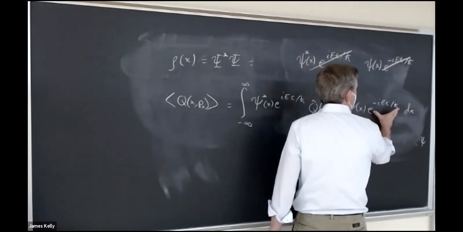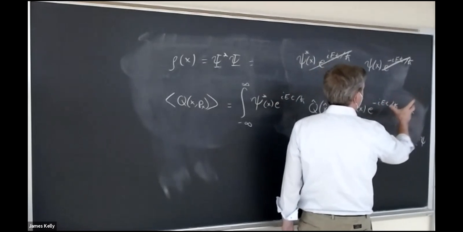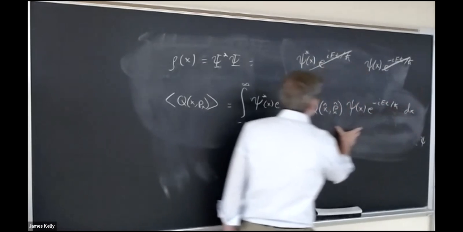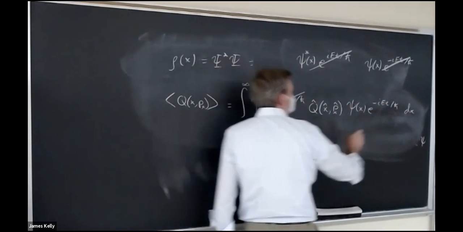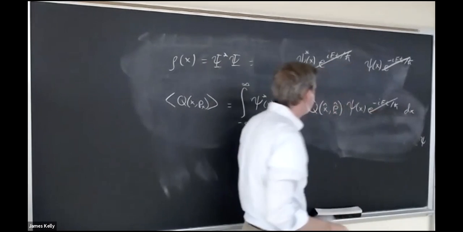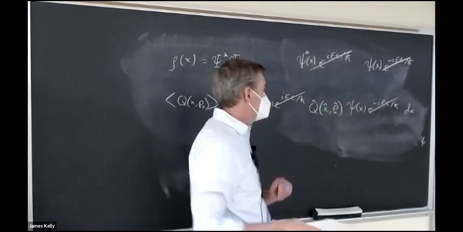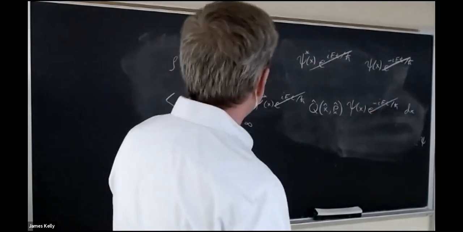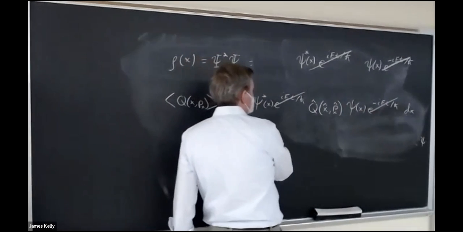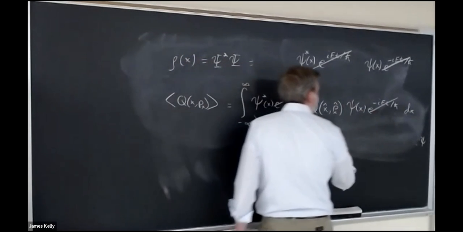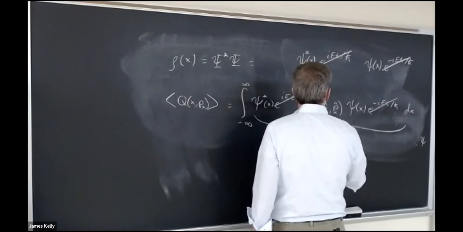It doesn't have any x dependence, so it may as well be the number 3 or something like that. So I can pull it over here, and it can cancel this one out again. Those two can still cancel because the operator only really cares about the x's that follow. It doesn't care about the t's. And so what's left doesn't depend on t. The integrand doesn't depend on t, so this whole thing is time independent.